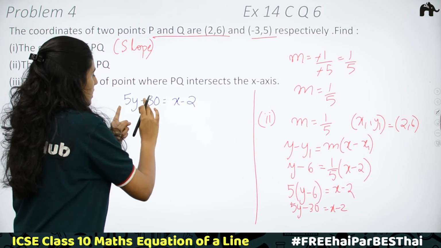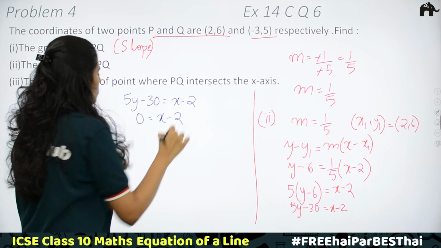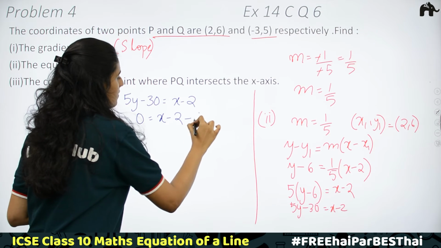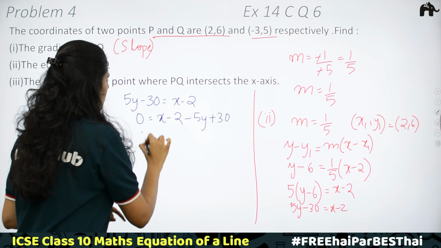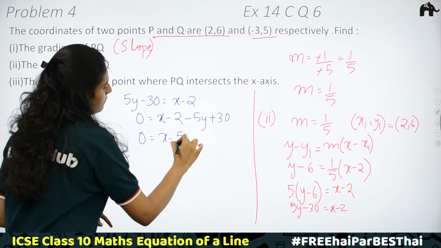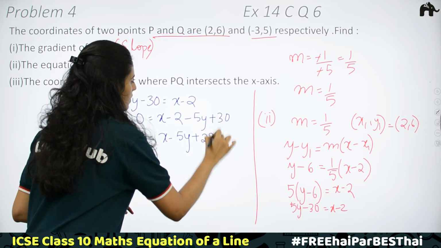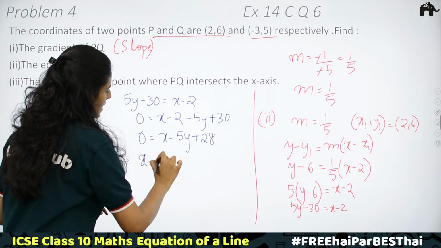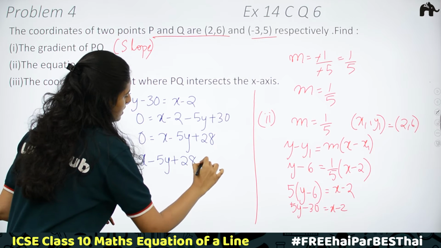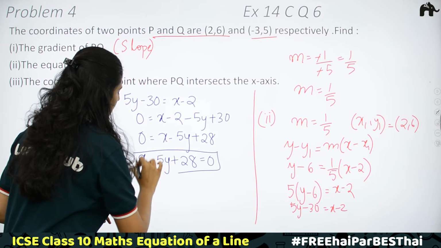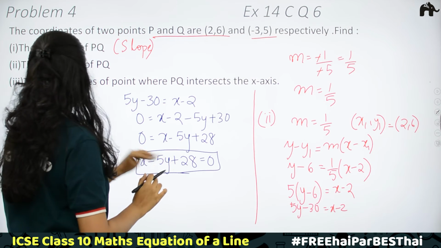Next, taking all the terms to the right hand side, we get 0 is equal to x minus 2, 5y becomes minus 5y, minus 30 becomes plus 30. 0 is equal to x minus 5y, minus 2 plus 30 is plus 28, or the required equation is x minus 5y plus 28 is equal to 0. So, this is the equation of line. Clear? So, this is the answer for our second question.